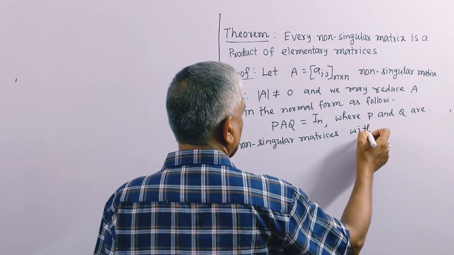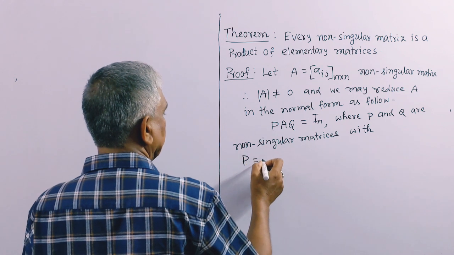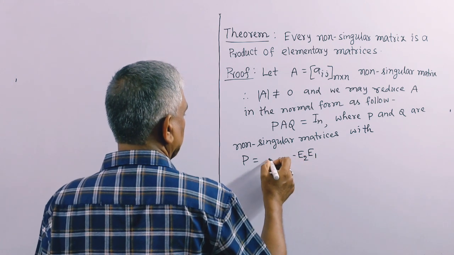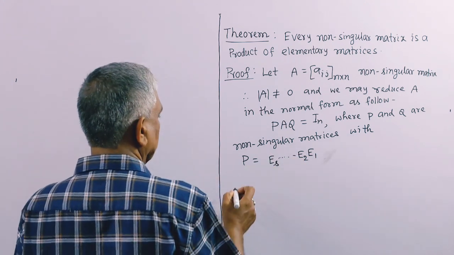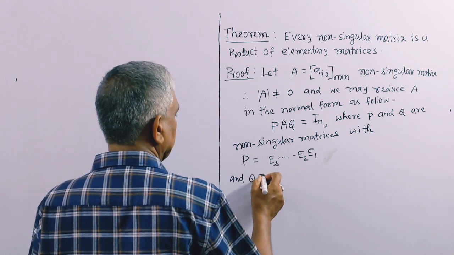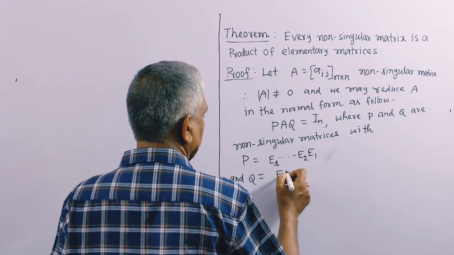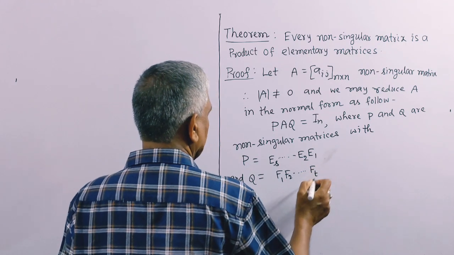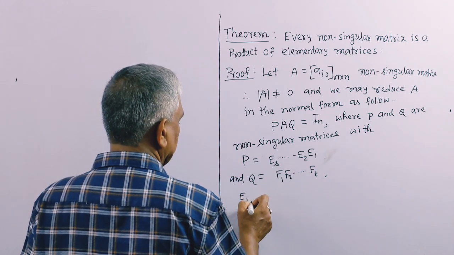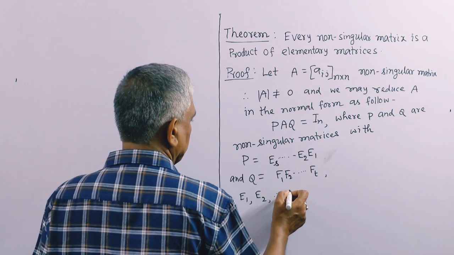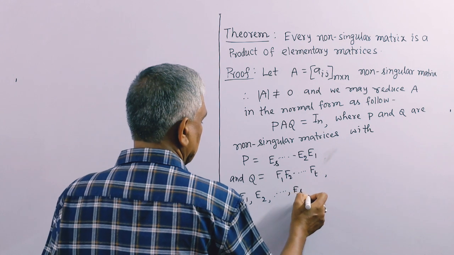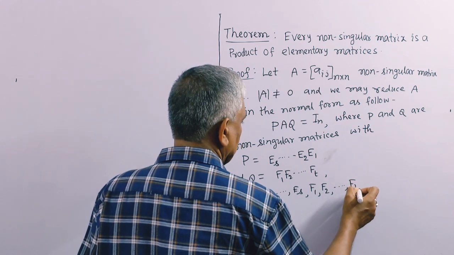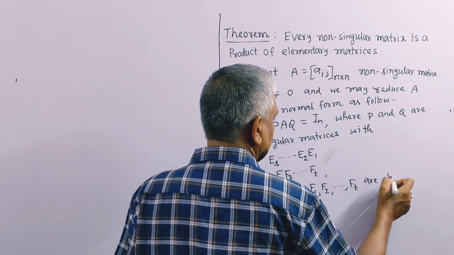With P equal to E1, E2, dot dot dot ES, and Q equal to F1, F2, dot dot dot FT, where E1, E2, dot dot dot ES and F1, F2, dot dot dot FT are elementary matrices.